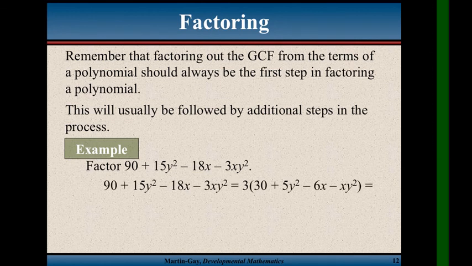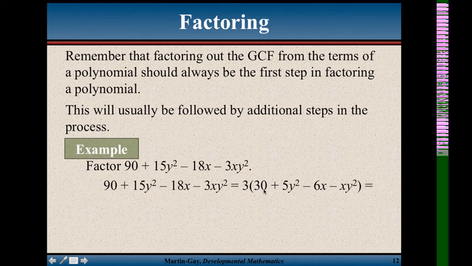So to factor out this one, we just look at the letters. Since we don't have x for 90 and we don't have y for 18x and 90, we will not use the letters. We will just use the numbers. And 90, 15, 18, and 3 have a GCF of 3.